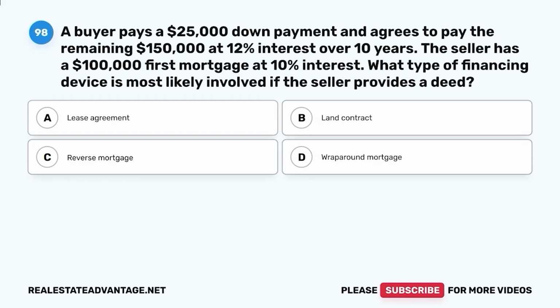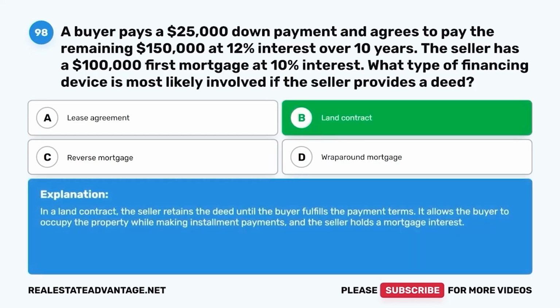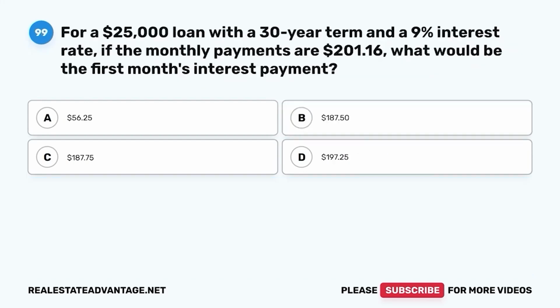A. Lease agreement, B. Land contract, C. Reverse mortgage, D. Wraparound mortgage. The correct answer is B. Land contract. In a land contract, the seller retains the deed until the buyer fulfills the payment terms. It allows the buyer to occupy the property while making installment payments, and the seller holds a mortgage interest.